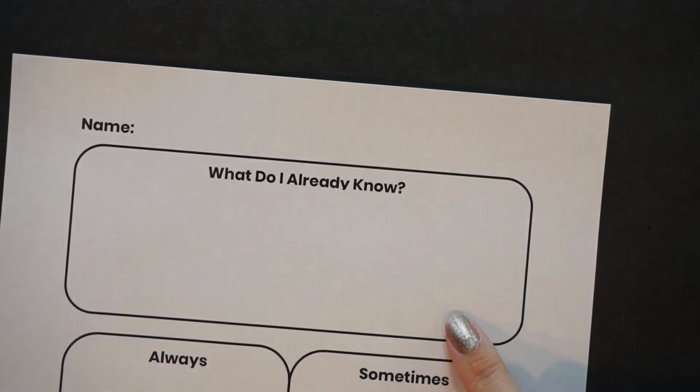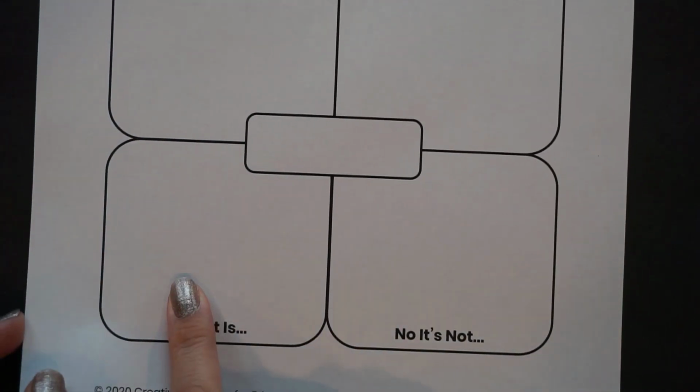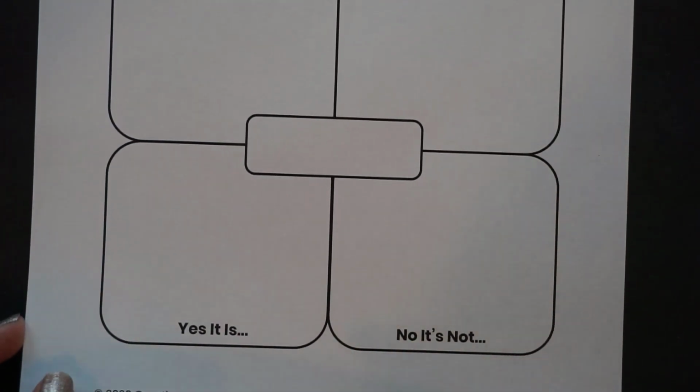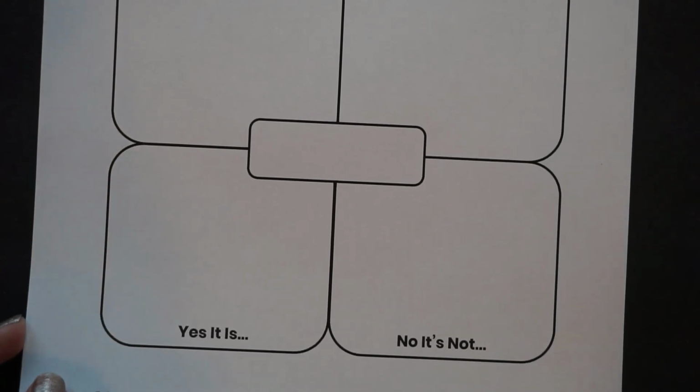Finally, the third version that I've created for you here, same top box, but we've simplified the language. So it always has this. Sometimes it has this. Yes, it is. No, it's not. Again, just a little bit simpler on the language.